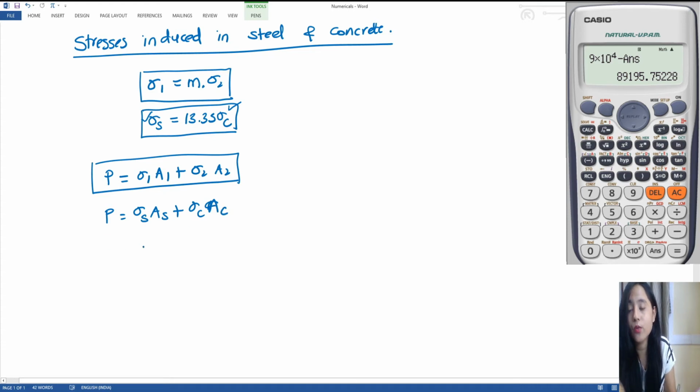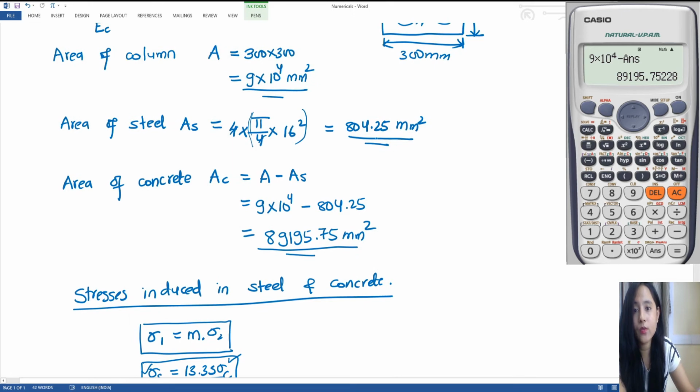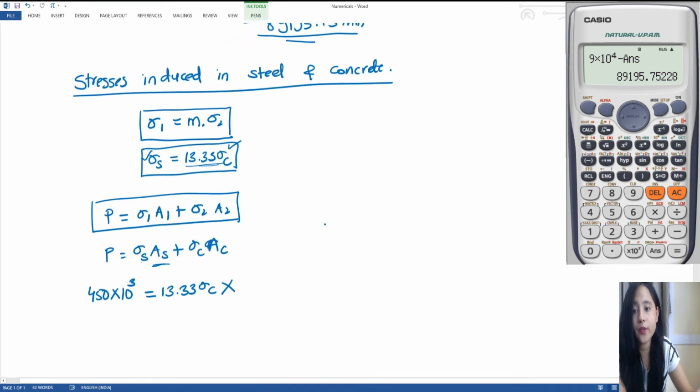Load given was 450 kilonewton, so 450 into 10 raised to power 3 Newton equals sigma S, and sigma S is 13.33 sigma C, into the area of steel, which is 804.25.